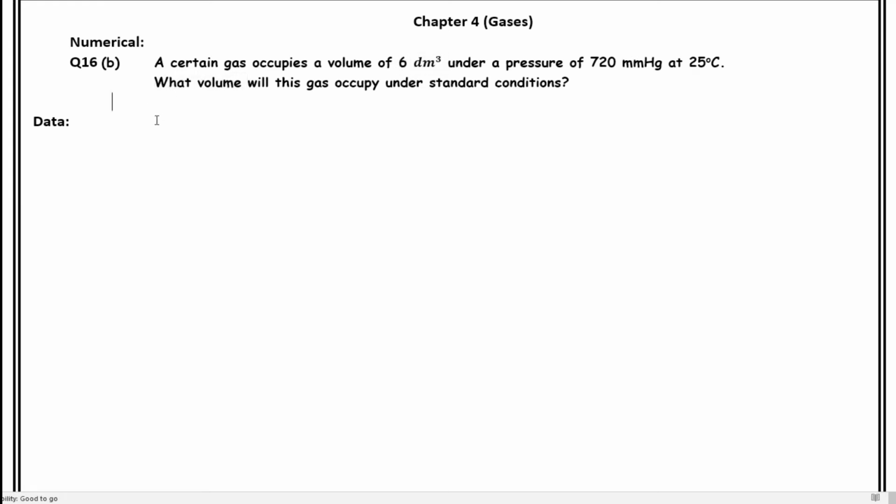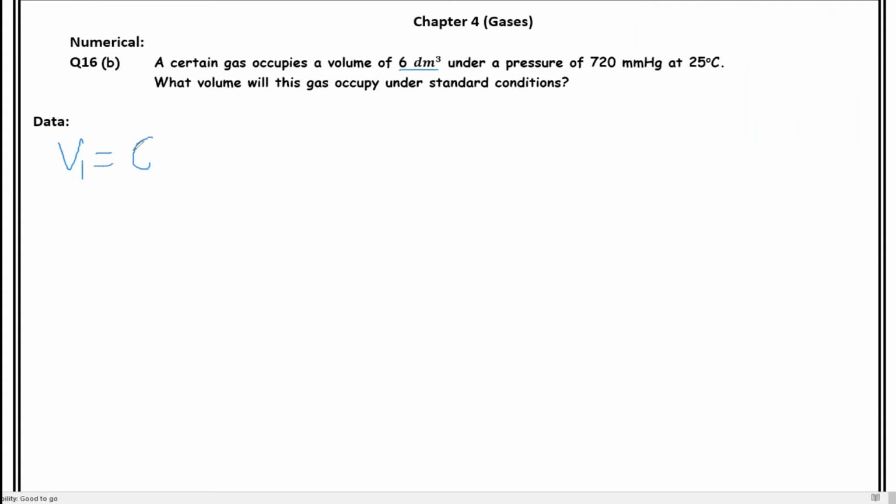It means in this numerical we are given two volumes. So we write volume 1 and volume 2. The initial volume V1 given to us is 6 dm cube.